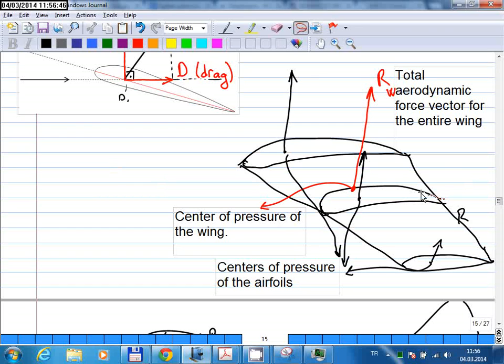So if this is your airfoil, if you cut a slice at this point, then your resultant vector is somewhere here. But you can cut the slice at another span-wise location, and it will give you a different R vector. And if you do that for the entire wing, then you will have the entire lift distribution and drag distribution over the wing of the aircraft.